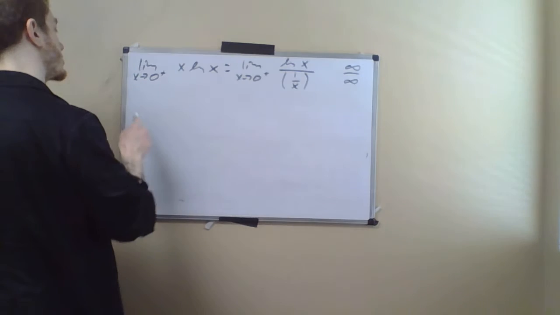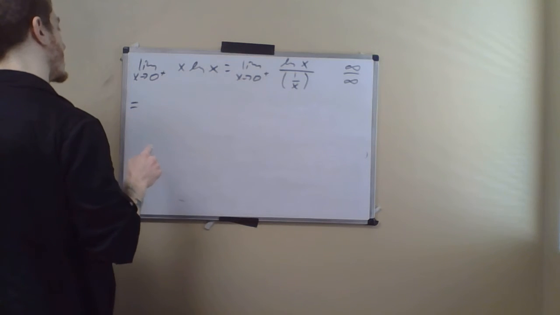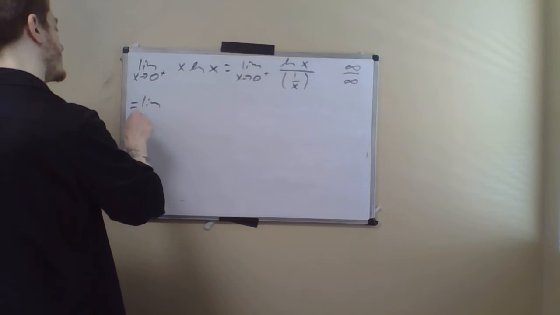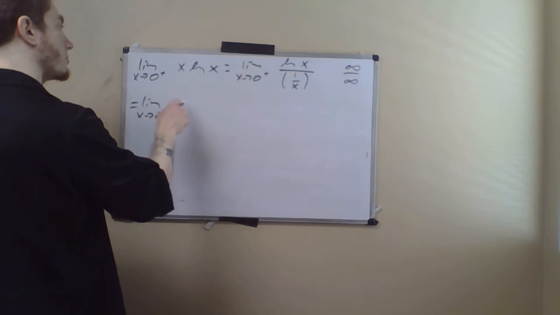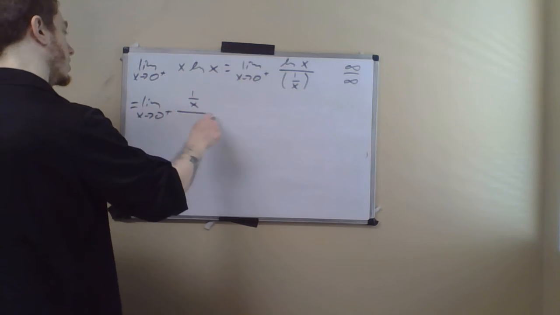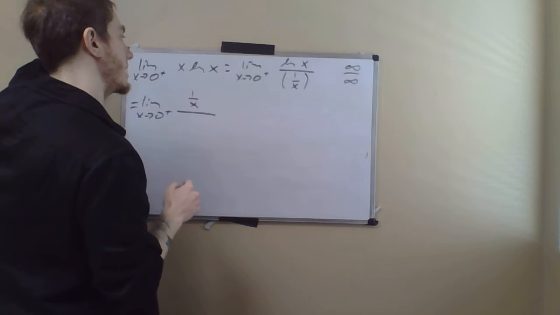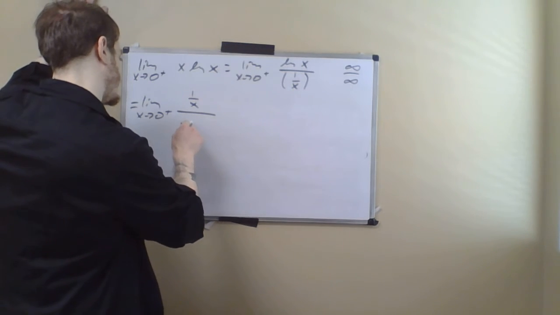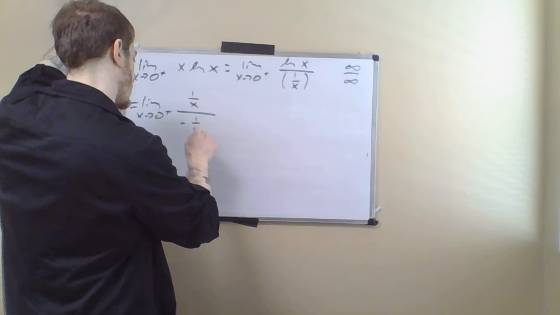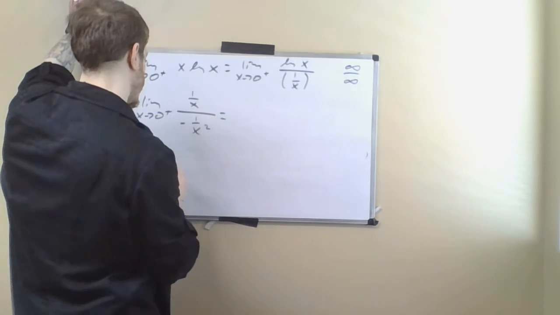And if I take the derivatives here and use L'Hopital's rule, we're going to have the limit as x approaches 0 from the right of 1 over x divided by negative 1 over x squared.